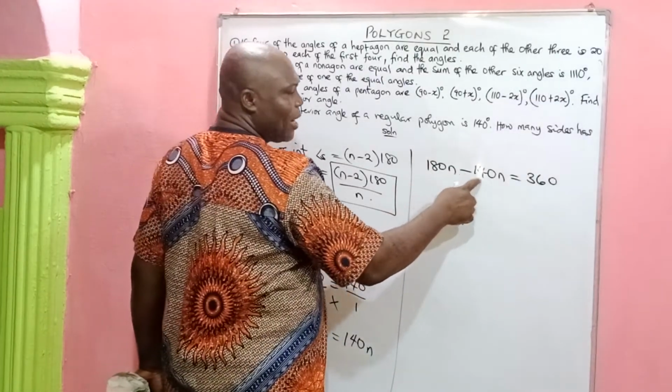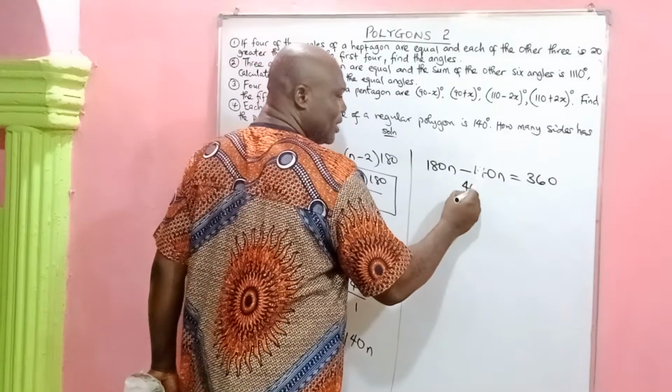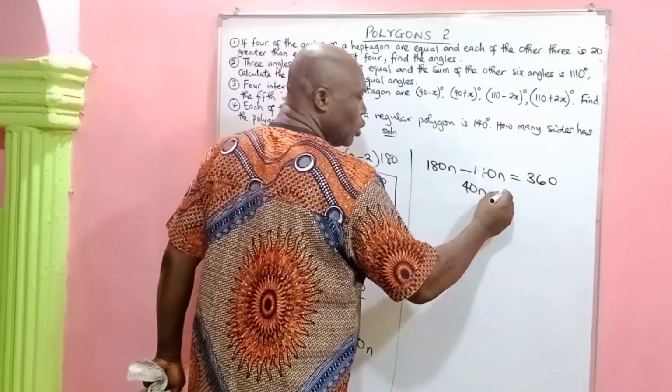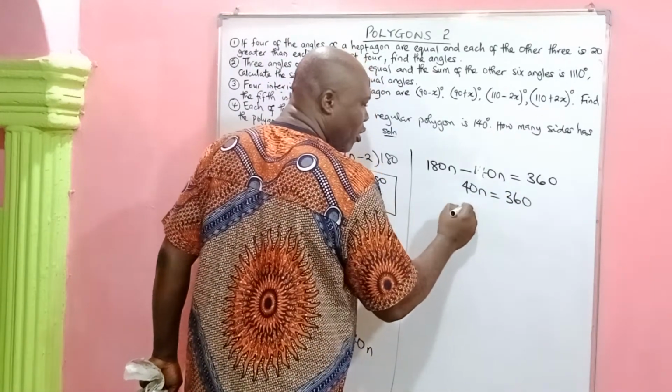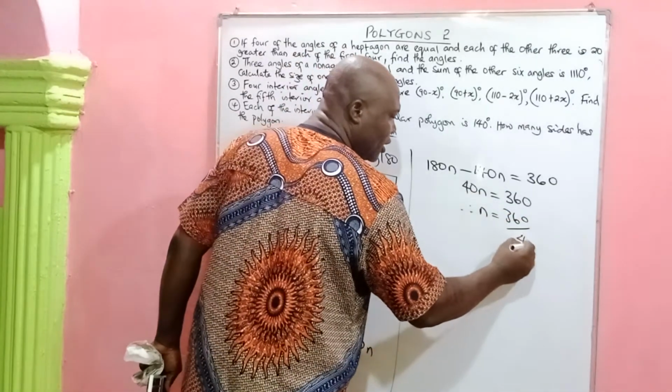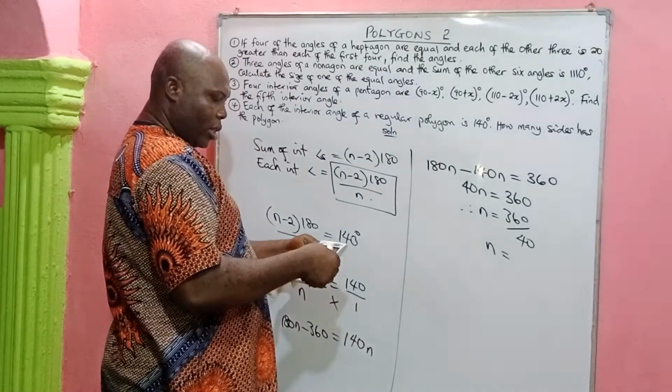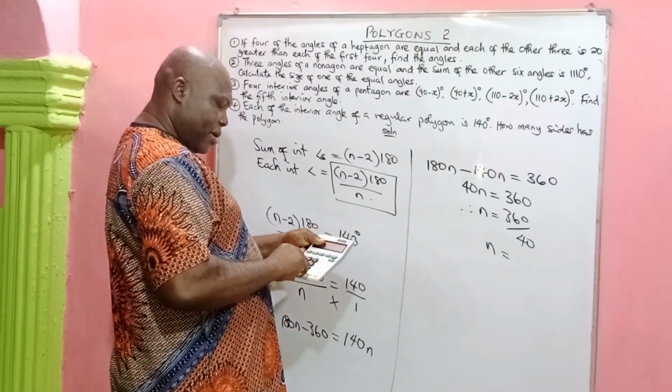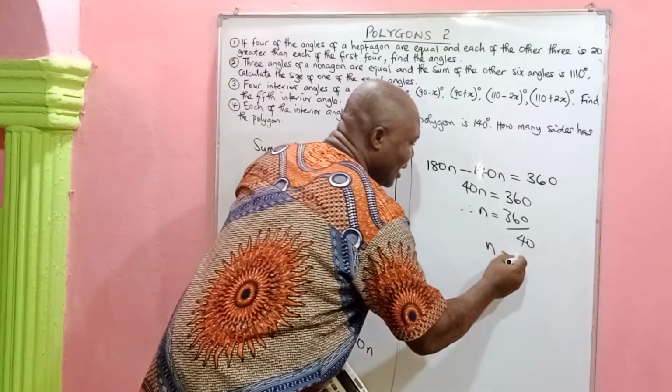So 180n minus 140n will give us 40n equal to 360. Therefore, n will be 360 divided by 40, which is 9.